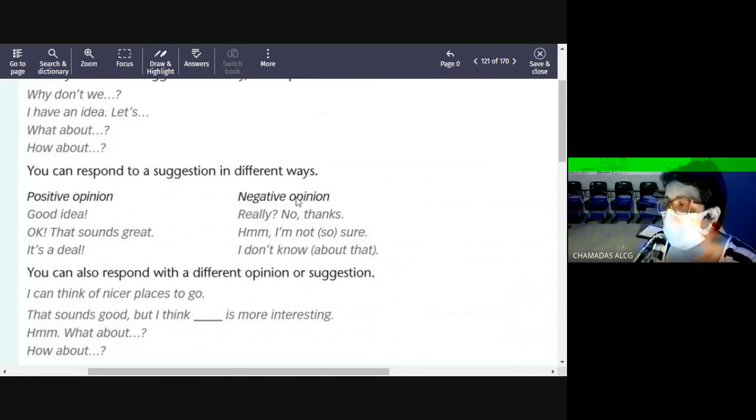Now, negative opinion: really? Oh no, thanks. Or, I'm not so sure. Or, I don't know. I don't like that place so much. Or, I don't know about that. Okay? So you can show your opinion, either positive or negative, using those phrases.